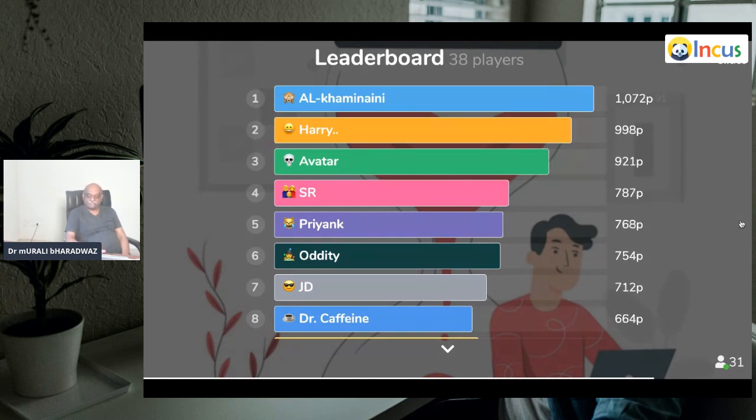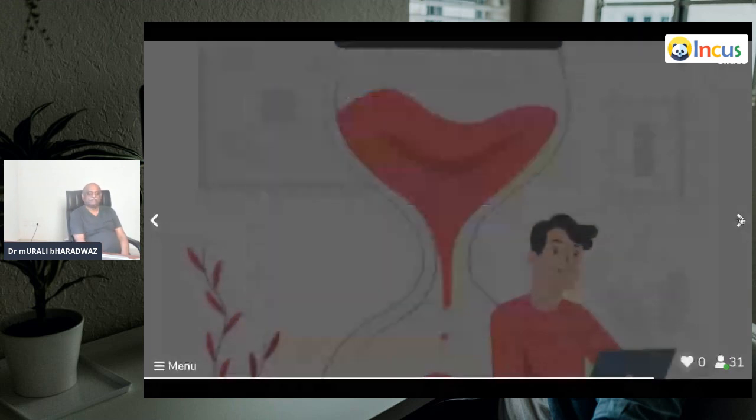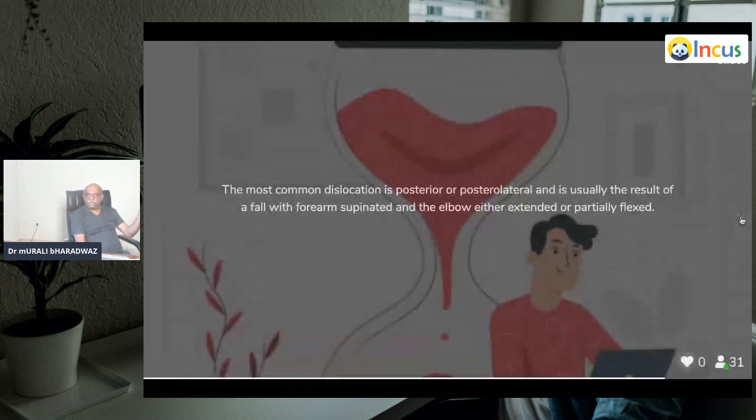The most common dislocation of the elbow is posterior or posterolateral, and usually it is a fall with the forearm supinated and the elbow either extended or partially flexed. That is the underlying cause, and it is most often posterior, just like the hip. Only the shoulder is anterior.